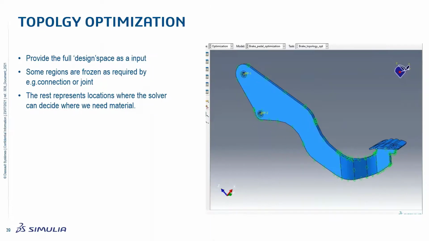We isolate the brake pedal here, and for topology optimization, these models are set up in a way that the geometry that we see on screen here is what we call the full design space, or the space where it's feasible to potentially have material.